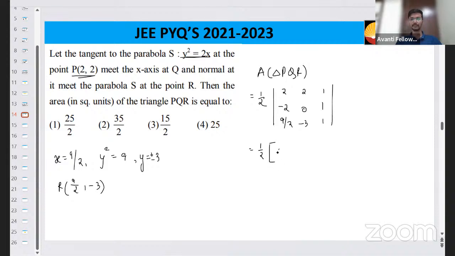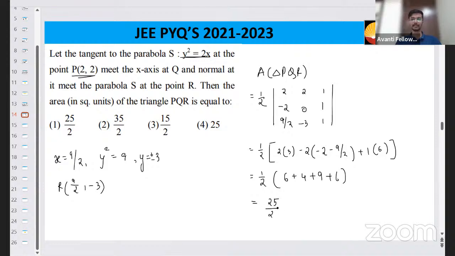If we open the determinant, we'll get 2 into 0 plus 3, minus 2 into minus 2 minus 9 by 2, plus 1 into 3 by 6 minus 0. So this will be half into 6, 3 by 6, right? Plus 2 by 4 plus 9 plus 6. So this is 16, 25. So 25 by 2 is our answer.